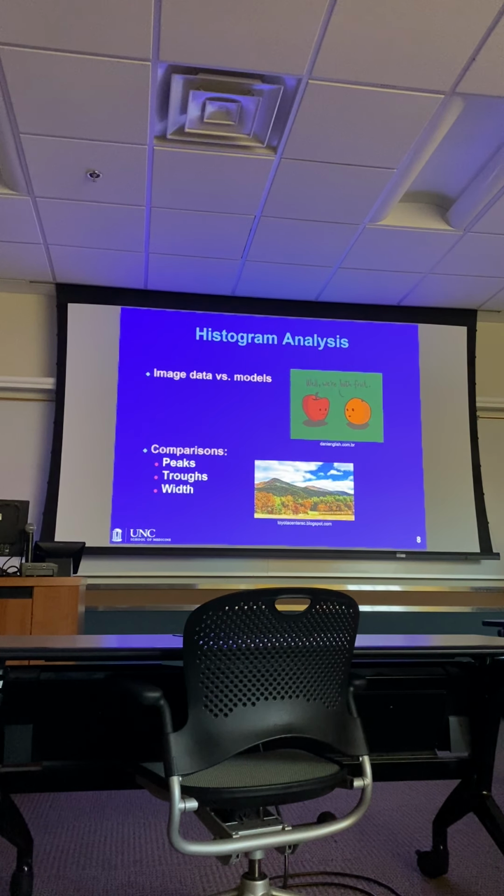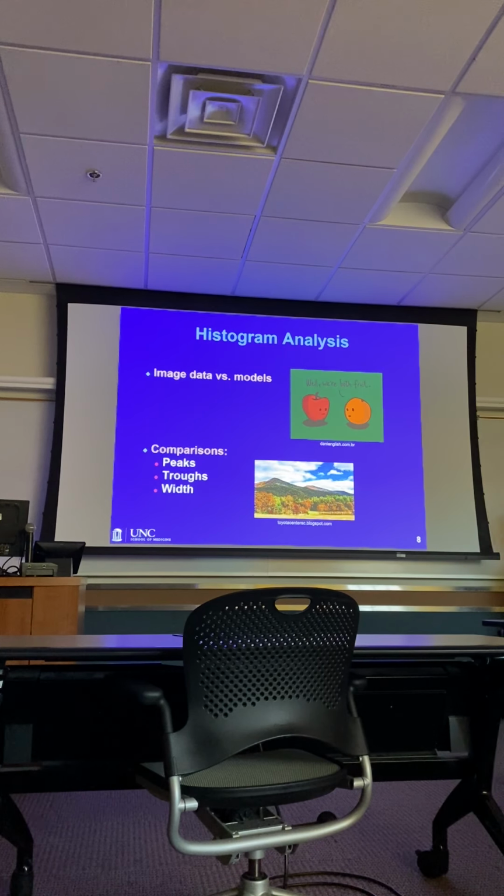The system will look at your histogram and compare it to histogram models that are in the system, because the model histograms represent how that image should appear. So it's going to compare your data set to how it should appear. Like comparing apples to oranges: does your data set look like an apple when it should look like an orange? Then the system knows it has to do more adjustments.